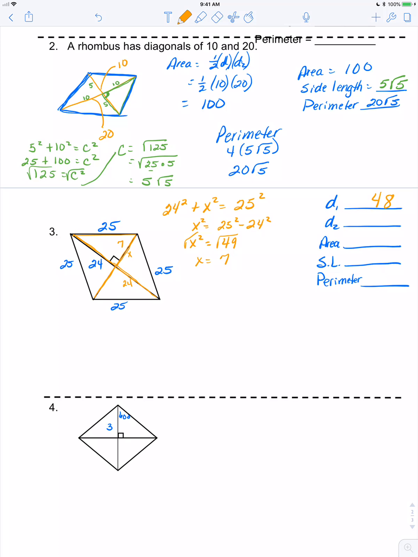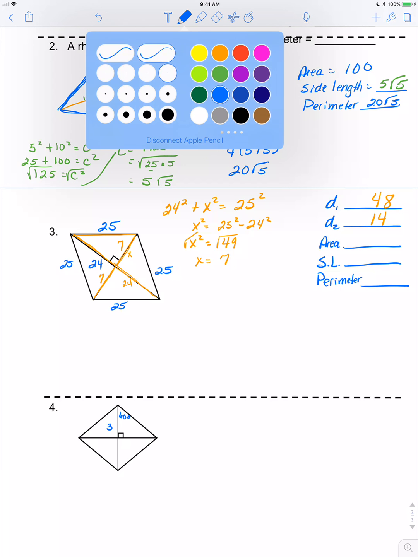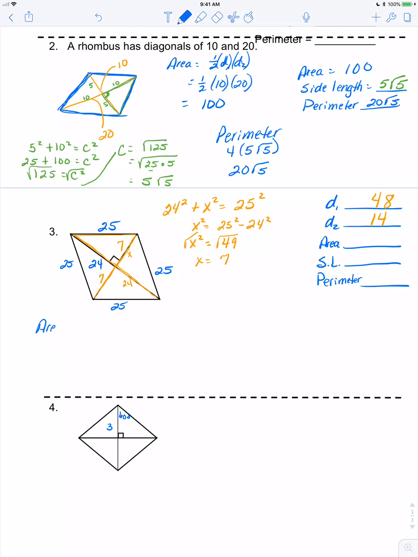So notice this is 7, and that just tells us that one triangle, so we know this side is also 7. So that second diagonal is a total of 14. So now let's go find the area. Now that we know our two side lengths, we're going to say 1/2 diagonal 1, which is 48, times diagonal 2, which is 14.